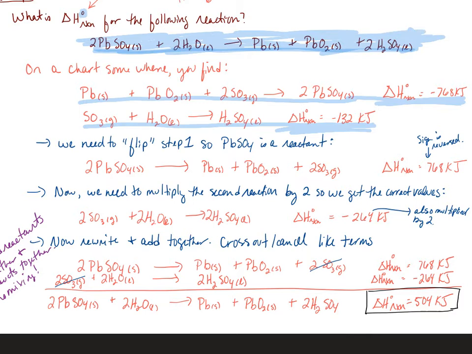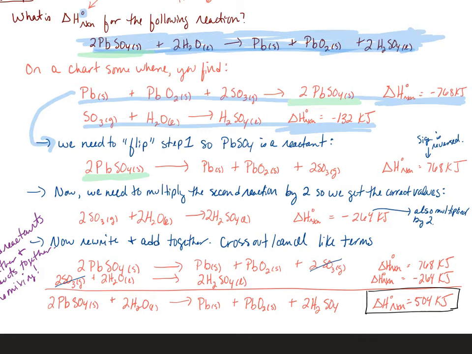So because I've done this before, and it may take you longer to process this, and that's okay, I know that this first reaction here, we need to flip it backwards, because this PbSO4 that you're seeing here really was over here before I flipped that reaction, it's a reactant, it's not a product.